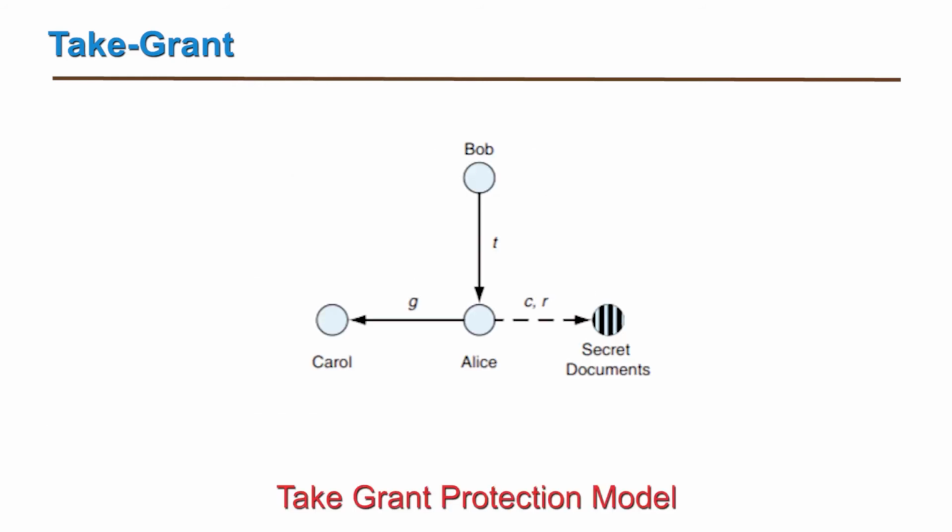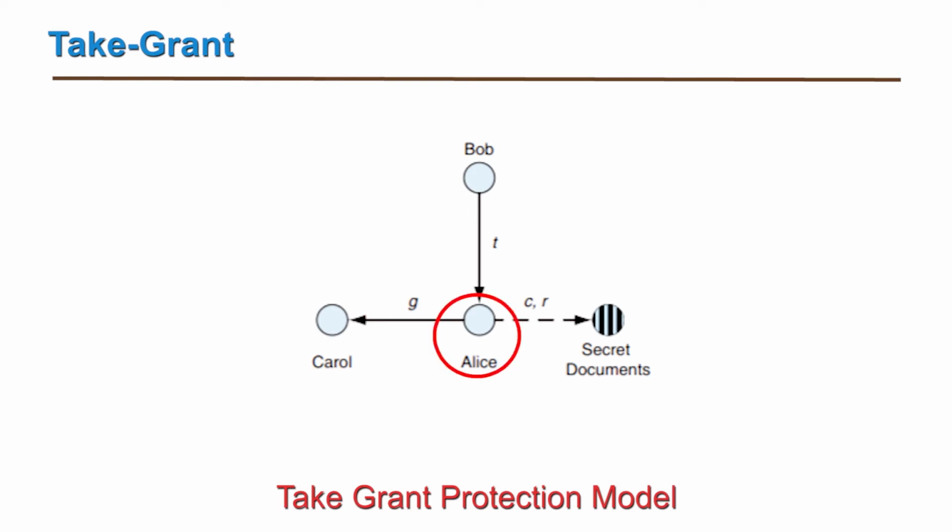Each subject and object would be represented on the graph. The following figure depicts this take-grant relationship between the users Alice, Bob and Carol. Subject Alice, who is placed in the middle of the graph, can create, take (T), and remove (R) any privileges for the key documents.